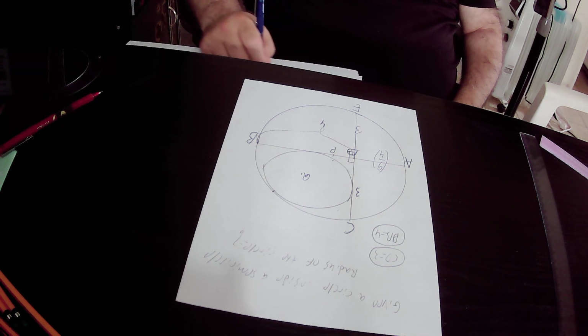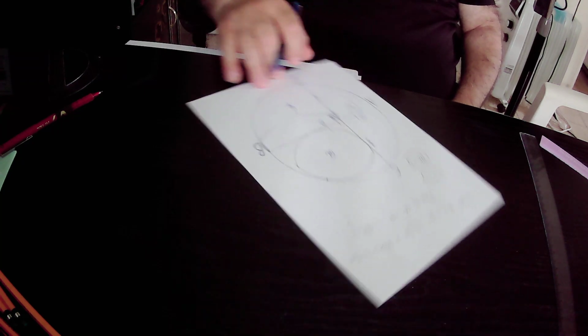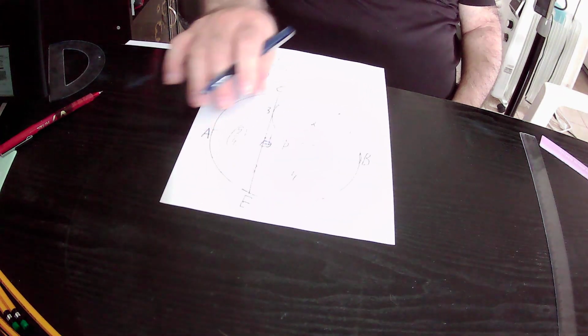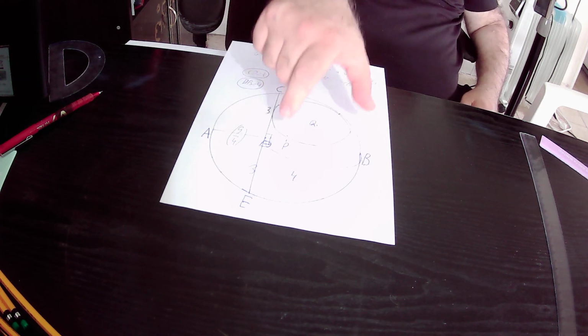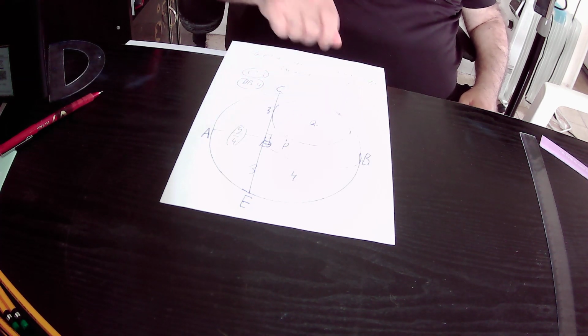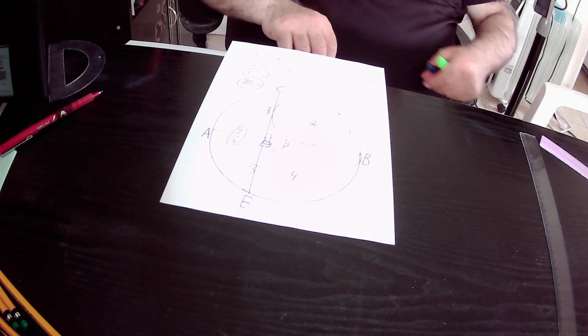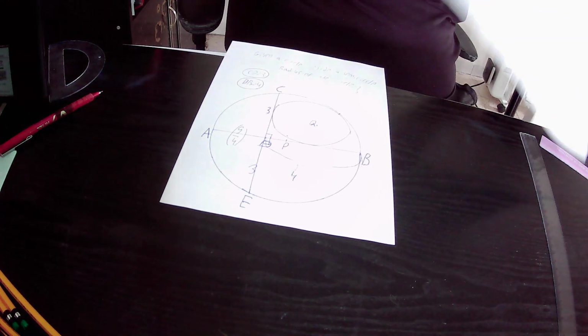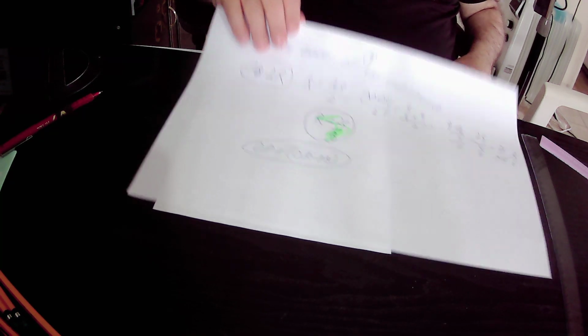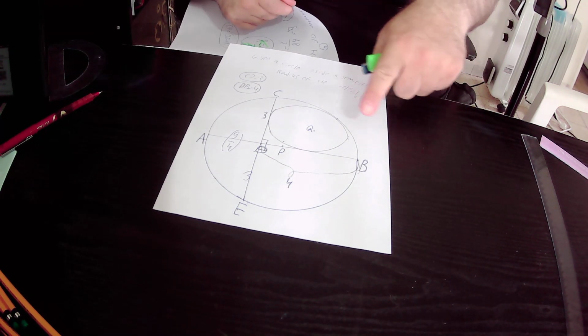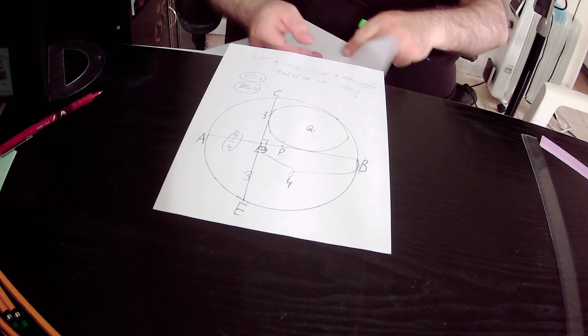I repeat again, it is very easy to see from the drawing that the length of the short line segment DP equals DB minus PB. DB equals 4 units, it is given in the question.